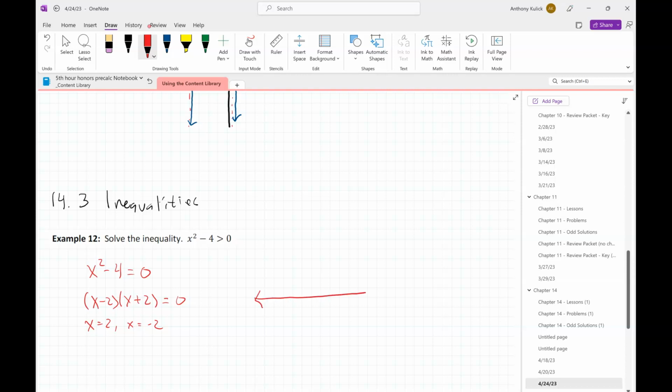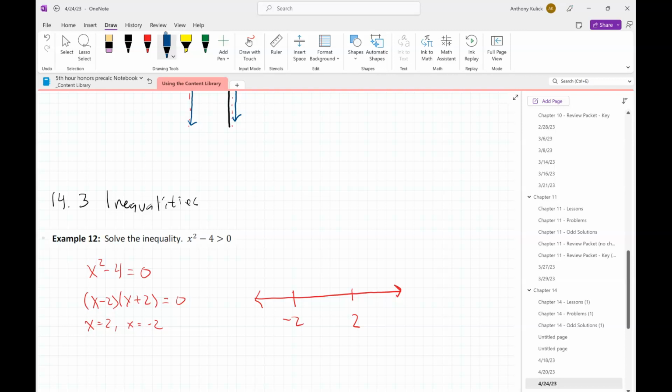So what I'm going to do now is draw something called a sign diagram. And I'm going to list those two places where I know the graph changes from positive to negative. And now I'm going to indicate whether the -2 and +2 should be included in my solution set.